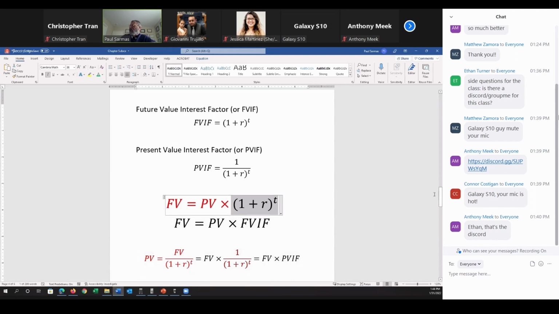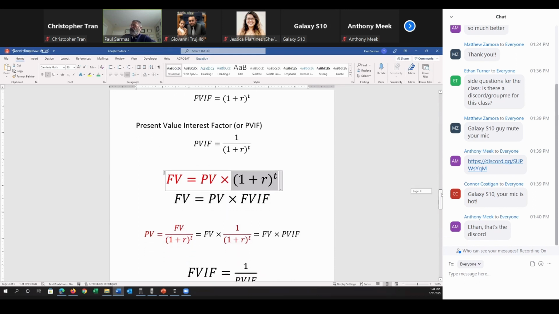Now, what if you're calculating present value? The formula changes just a bit. You take future value divided by (1 plus R) to the power T. So present value is equal to future value divided by (1 plus R) to the power T. That's to calculate present value.